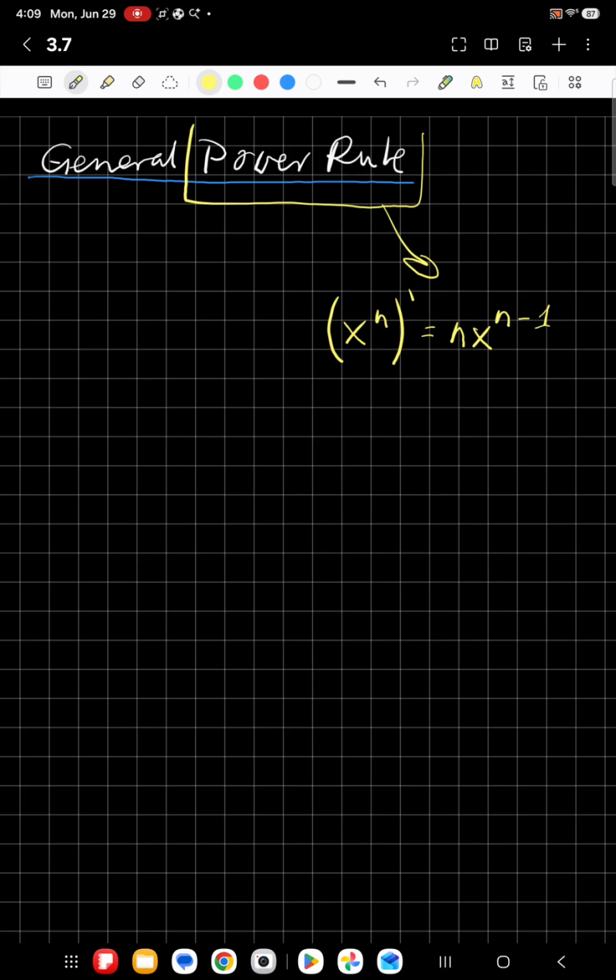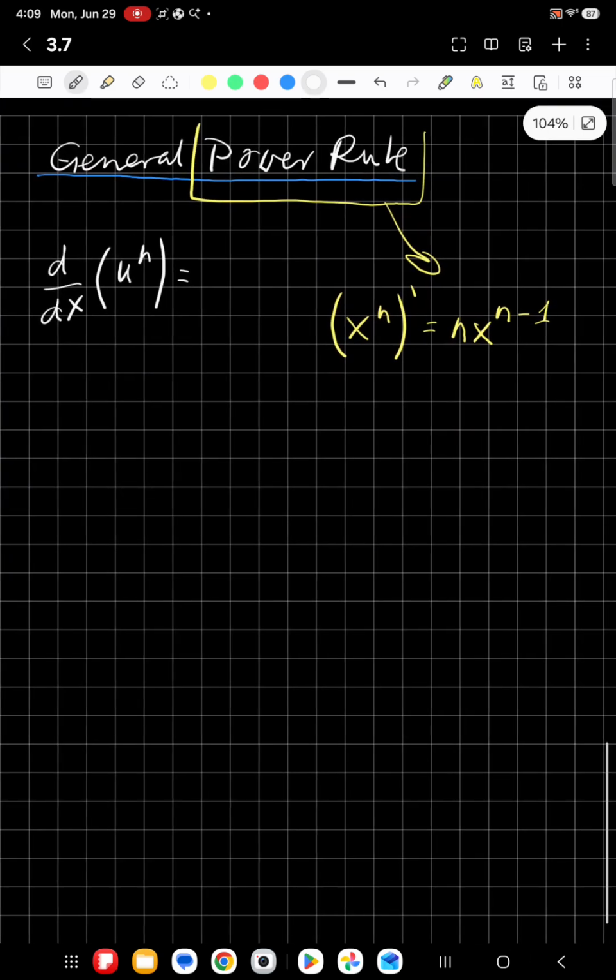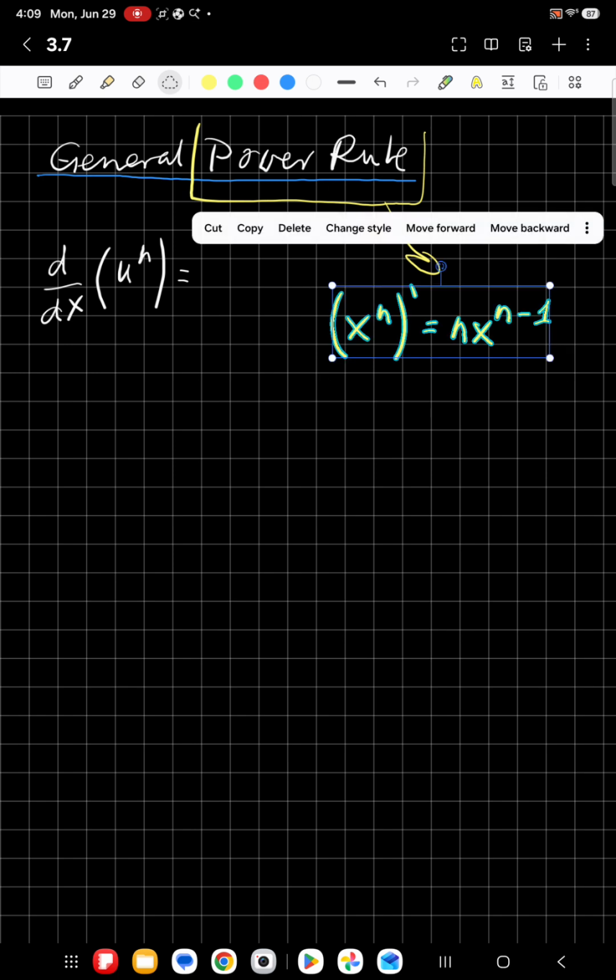So now we have a general power rule. Instead of that x, we'll actually have a function. So it's going to look like this: d/dx of u to the nth. It's kind of similar to what I showed you before.